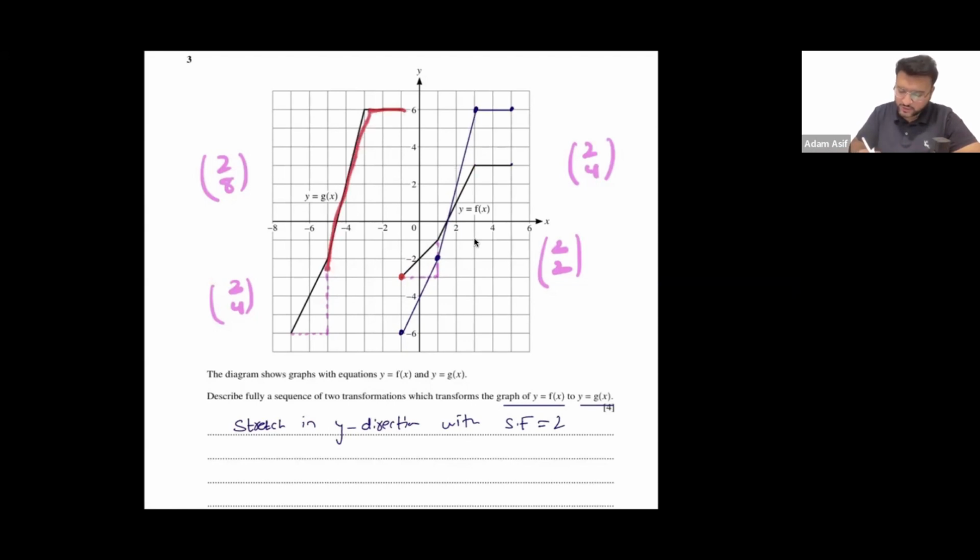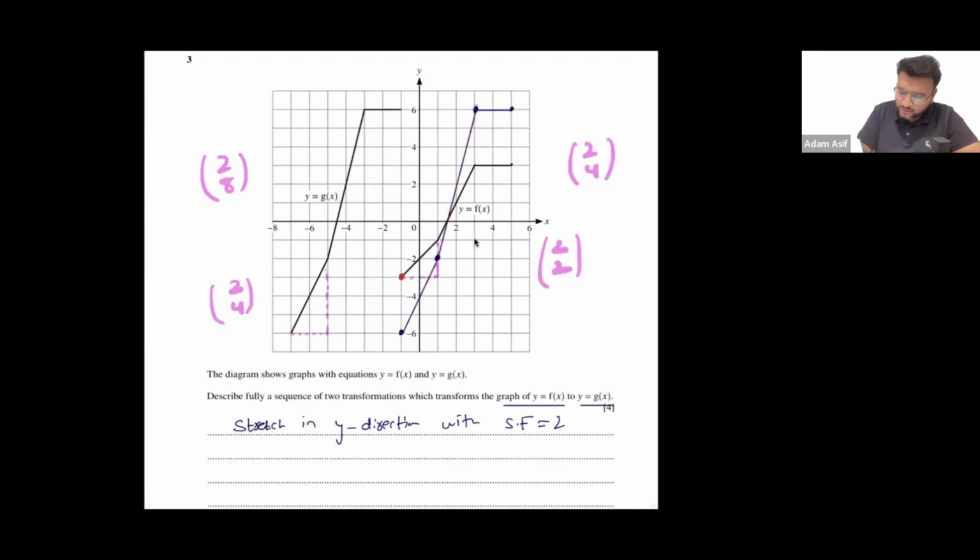Now the size of this and the size of this is the same. You can see that this graph has now been translated over here. Is it a vertical translation or a horizontal translation? It's just a horizontal translation. There isn't any movement in the y direction. So what is the translation vector?